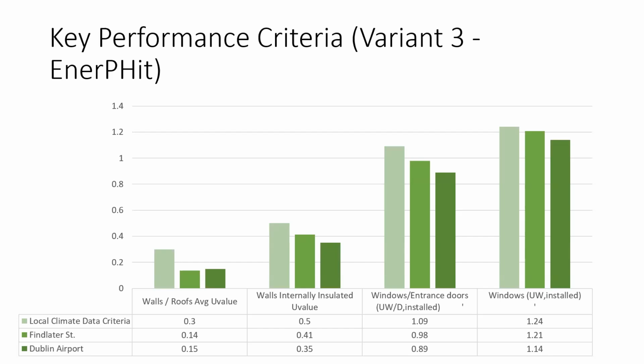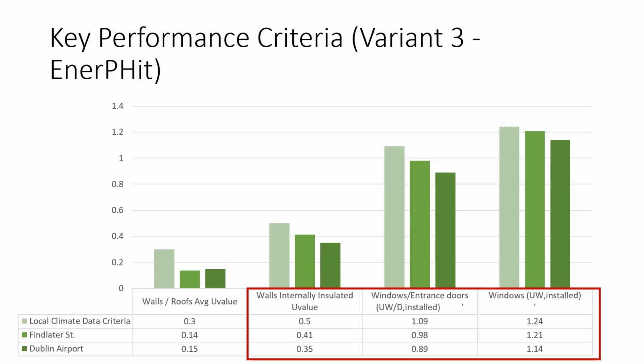So this is a comparison of achieving your Retrofit standard by the component method, and where we are, and what the backstops would have been based on Dublin Airport data, and what the backstops would have been based on the local climate data. So these are the values we'll focus on. You can see that, as we said earlier, the internally insulated walls would have had to achieve 0.35 or better to achieve Retrofit by component method if we were using Dublin Airport data.